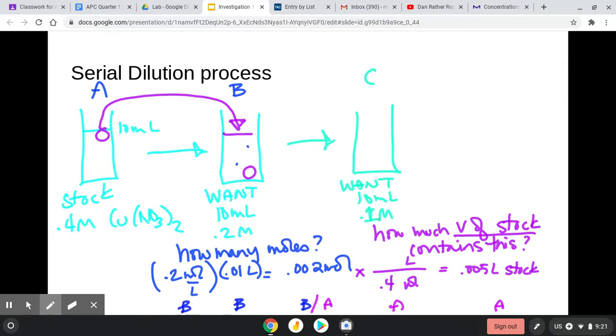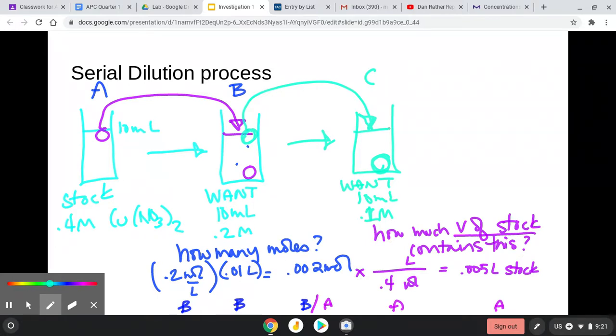For this, you're going to go through the exact same process. How many moles is this going to contain? And then how much volume of B am I going to take out to get that amount of moles in C? You put that amount at the bottom, and then you fill it with water to 10 milliliters.